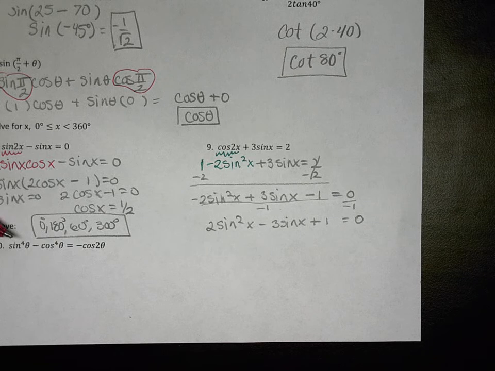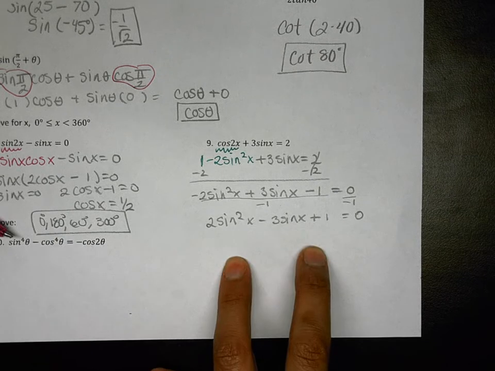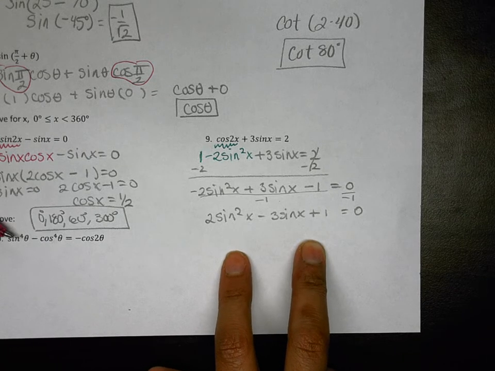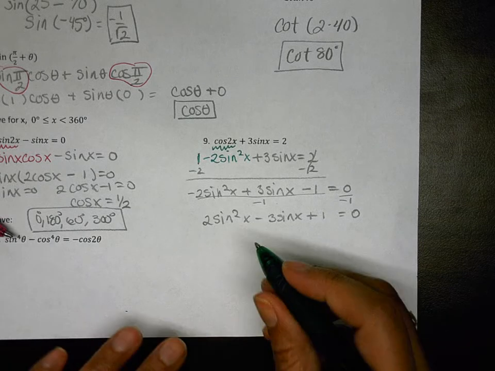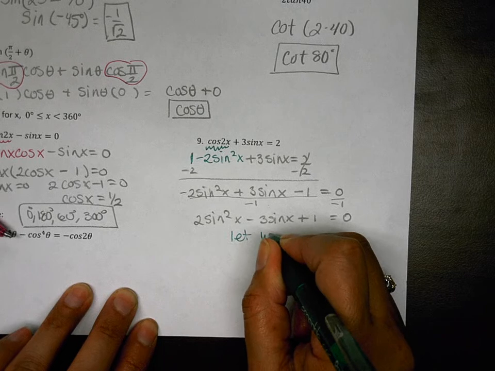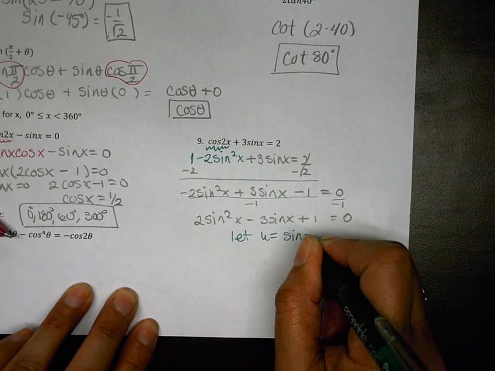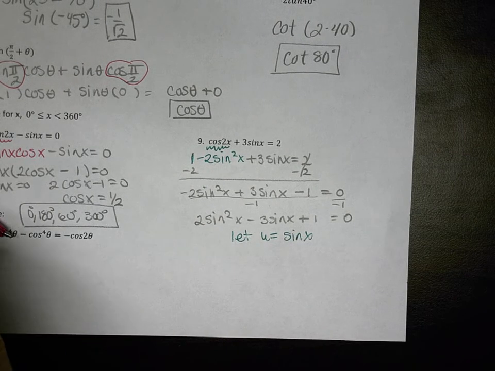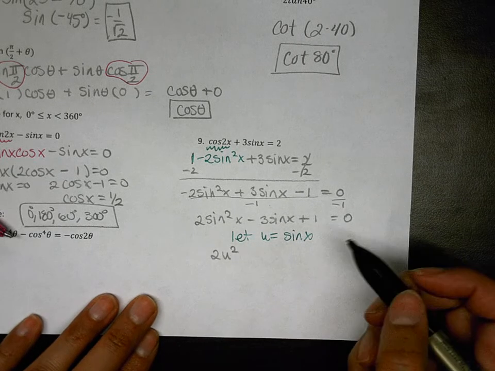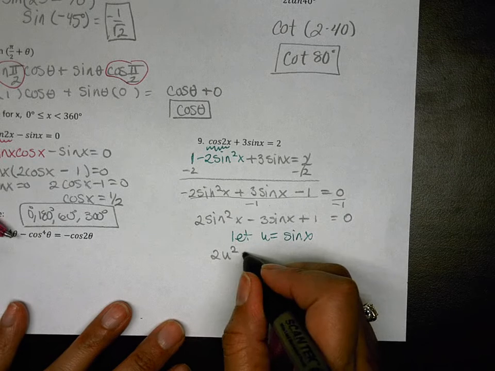Okay, so if you want to double bubble it as it is, factor, is that okay? Yes. If you want to use substitution first and then double bubble, is that okay? Yes. I'm going to use substitution because I usually do with you guys. U equals sine of x, not sine squared. So I get 2u squared minus 3u plus 1.